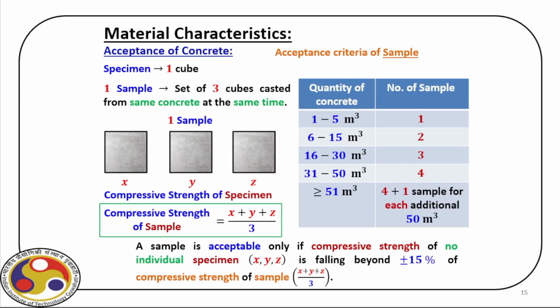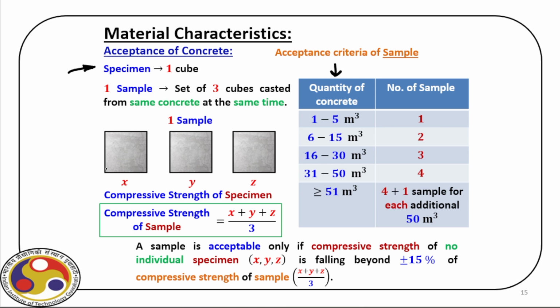Okay. Now, before we move over to the limit state design, let us again just quickly go through some of the criteria that we follow when we test samples to find the FCK value. Now, we cast cubes, and each cube we call a specimen, and for different quantities of concrete there is a guideline on how many samples we have to test, and accordingly we have to follow these guidelines.